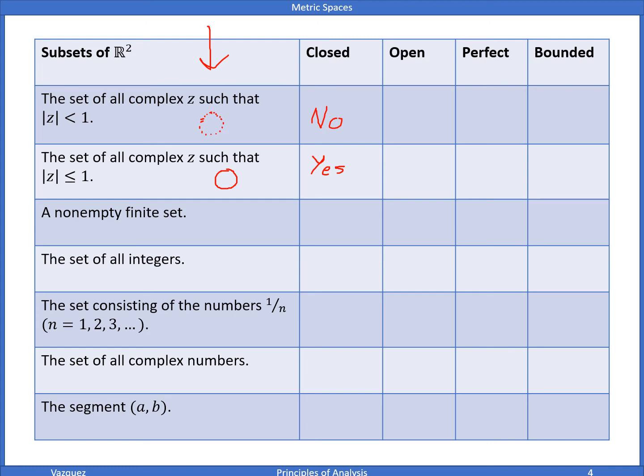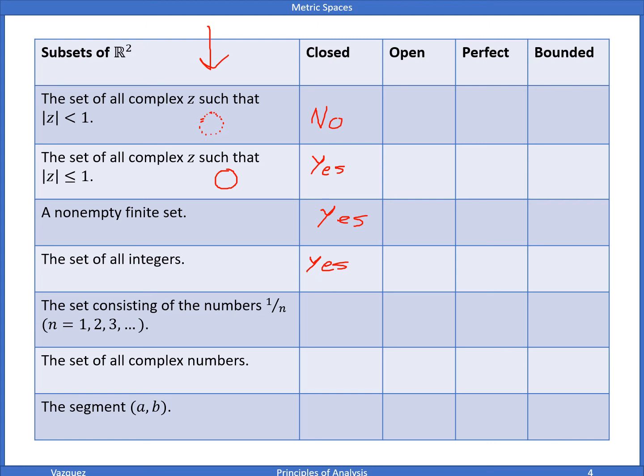A non-empty finite set, is that one closed? Does it contain all its limit points? Well, it does, right? Because it has none. The set of all integers is also closed because it contains all its limit points since it has none. The set consisting of all the numbers 1 over n.